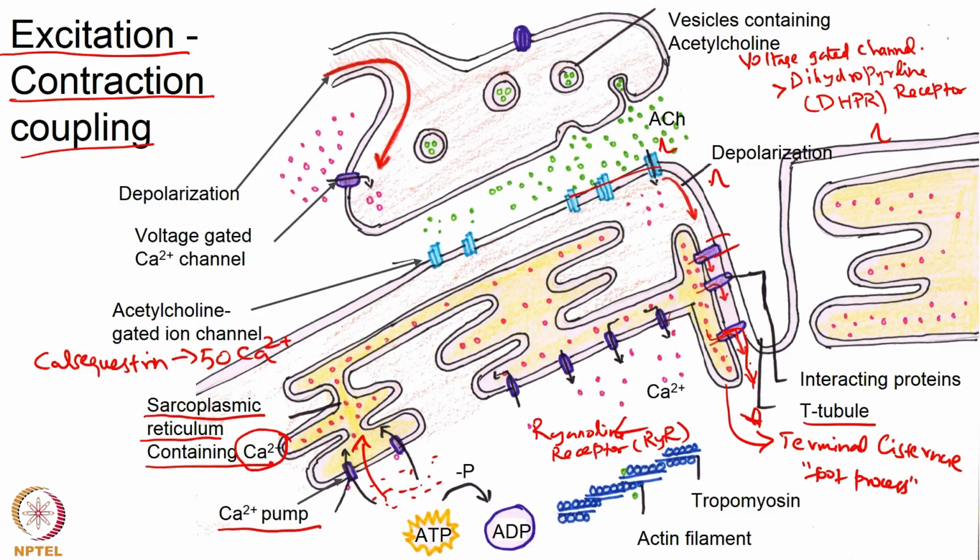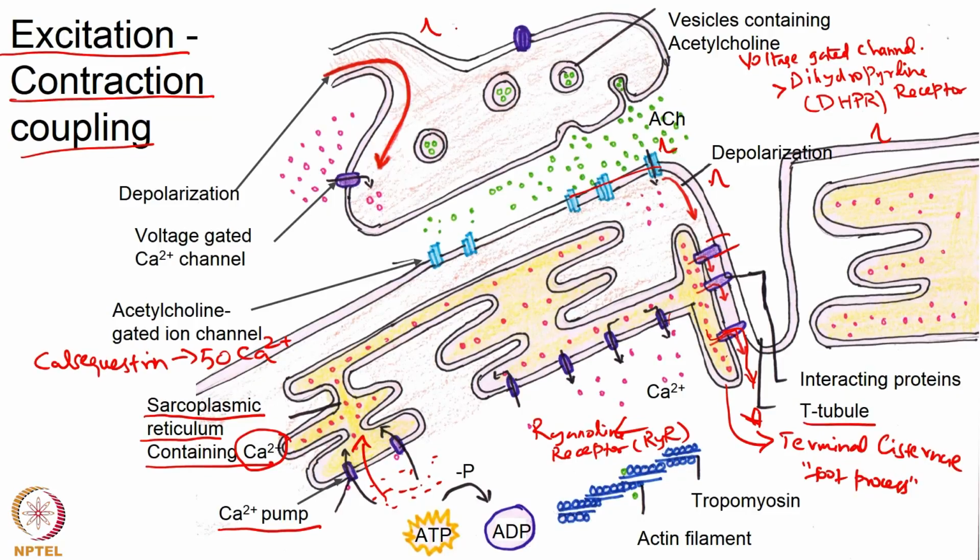So, what we have seen so far: an action potential arriving at the presynaptic terminal causes a release of acetylcholine, which then binds to the nicotinic cholinergic receptor, leading to an influx of sodium. When so much sodium enters that it reaches the threshold of the voltage gated sodium channels, it causes an action potential, which travels along the sarcolemma of the muscle.